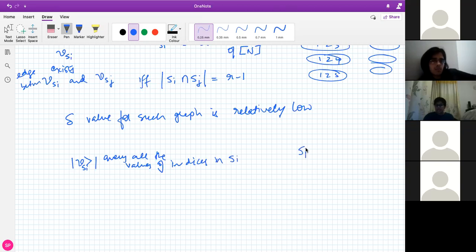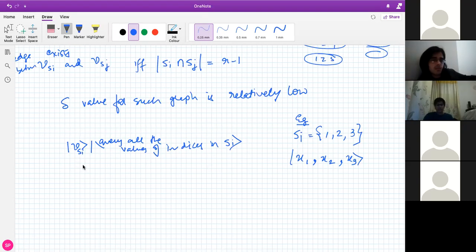So if my Si had the set 1, 2, and 3, for example, then my register is going to have the x1 value, x2 value, and x3 value explicitly. Because I know my Si is going to be exactly equal to R, I'm going to query only R elements.